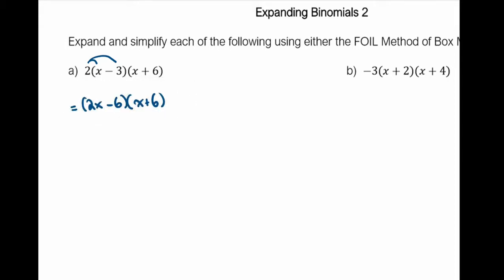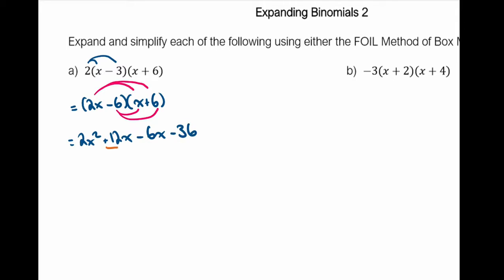Let's move this down. Again, the FOIL method: first, outside, inside, last. So when I go through and multiply, 2x times x is 2x squared. 2x times 6 is plus 12x, negative 6 times x is negative 6x, and negative 6 times positive 6 is negative 36.